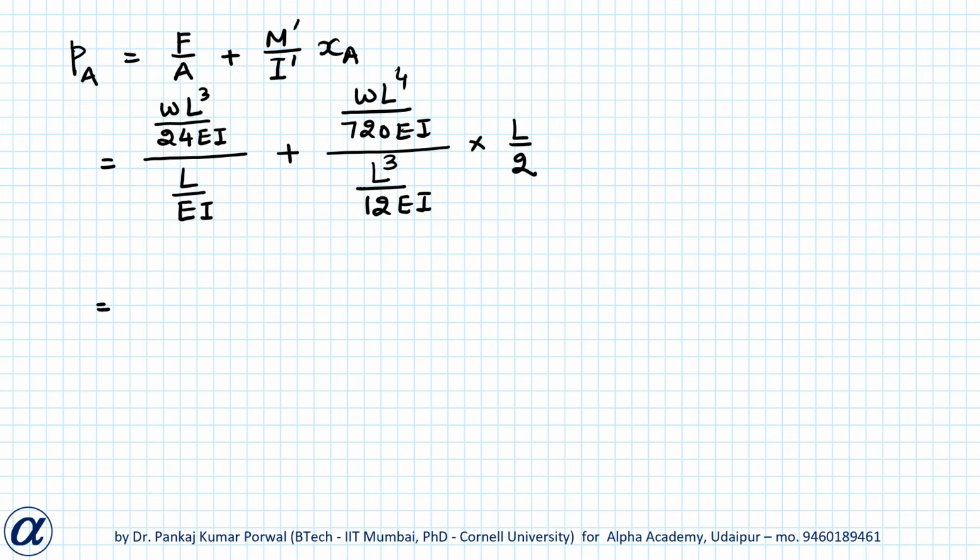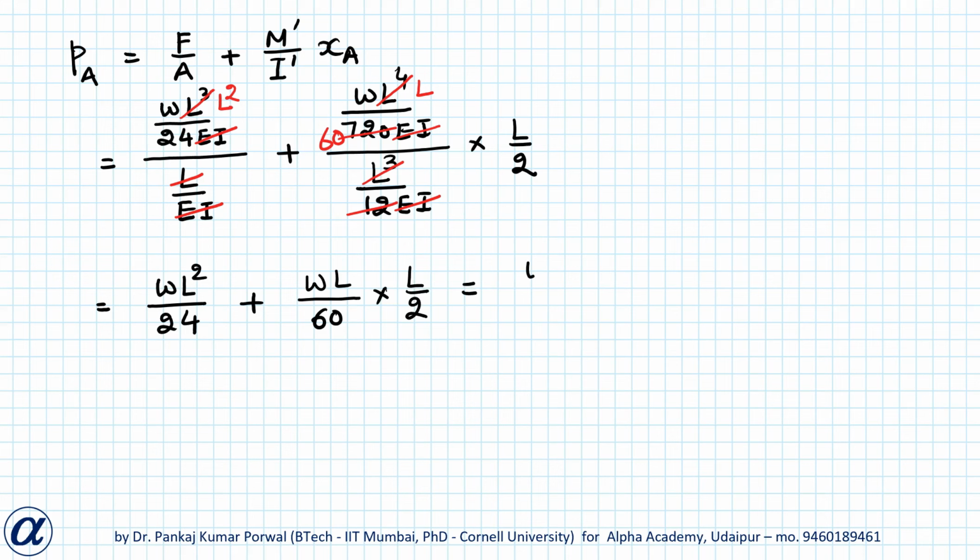So that will be equal to, here I can cancel this EI with this EI, this L with this L cubed to give me L squared, this EI with this EI, this 12 with this 720 to give me 60, this L cubed with this L to the power 4 to give me L. So I am left with WL squared by 24 plus WL by 60 into L by 2, that is equal to WL squared by 24 plus WL squared by 120.